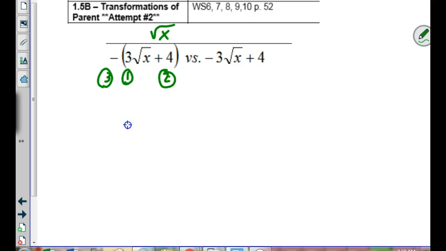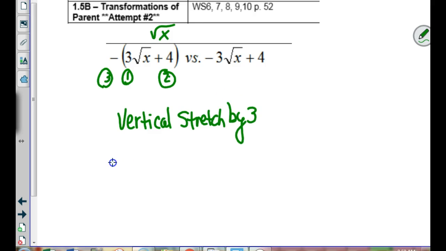Okay, so what is the 3 doing? It's a stretch or a shrink. It's a vertical stretch. Yep. Okay. The second thing, what does a plus 4 do? Is it underneath the parent function? No, it's not.